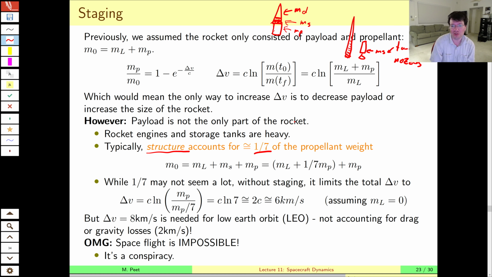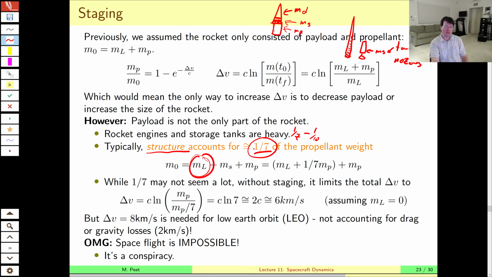Of course, the bigger you build your rocket, it tends to be the economy of scale. You can get lower structural percentages. But that number really doesn't vary too much from 1/7 to say 1/10 of the propellant mass has to be devoted to structure, right? The storage tanks, the nozzles, right? And those things are heavy, and that's why propellant can really never be more than 6/7 of that part of the rocket itself. And then, of course, we have to add the payload to that as well, right?